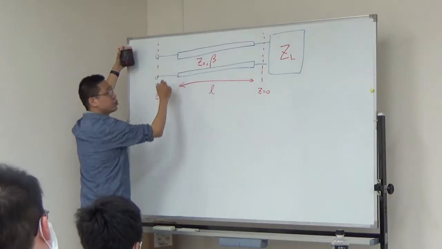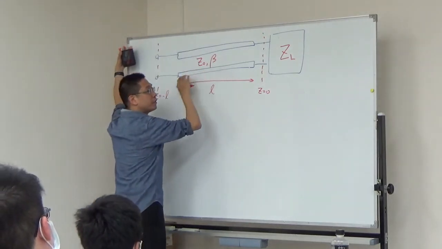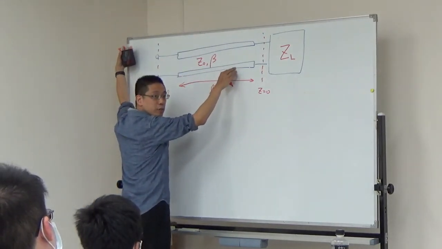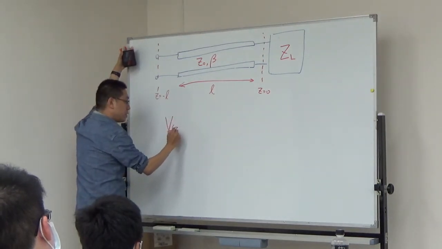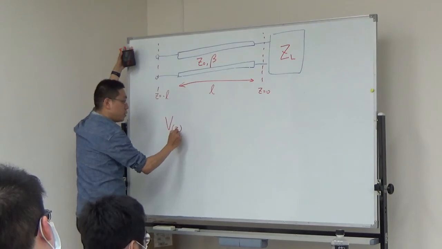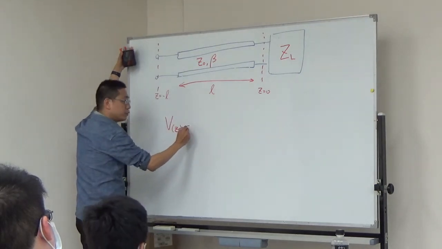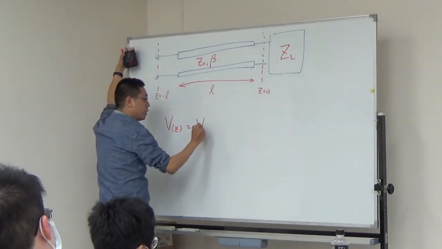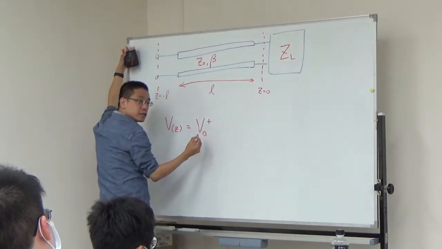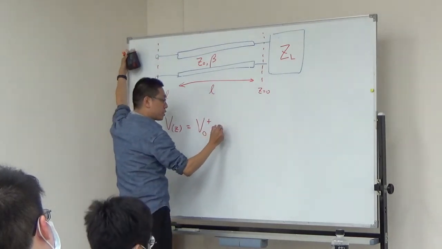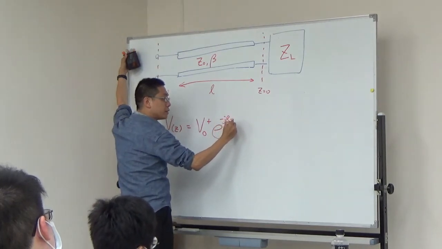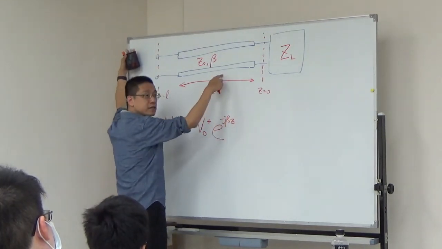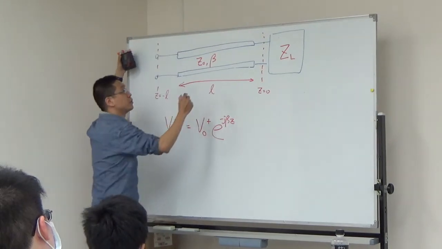The voltage on this transmission line, V(z), equals V0 plus times exponential minus j beta z if this is a lossless transmission line.